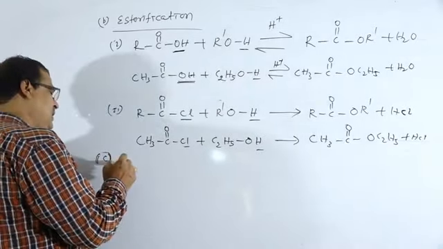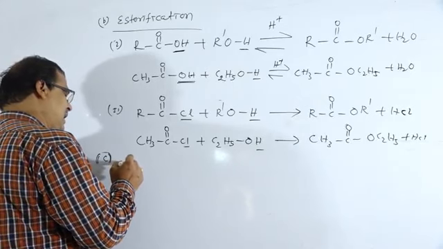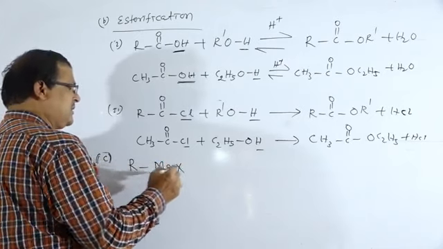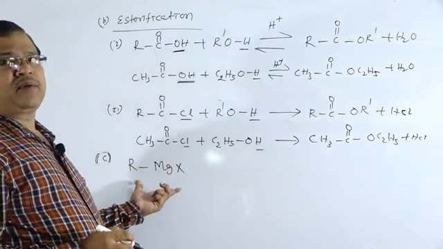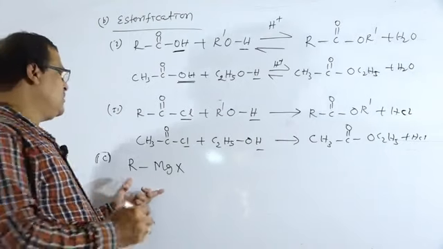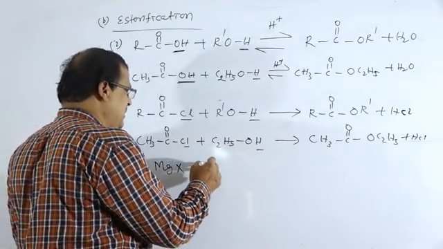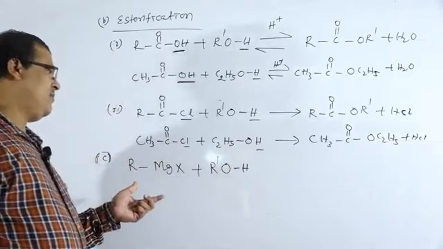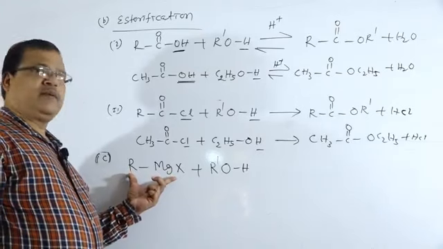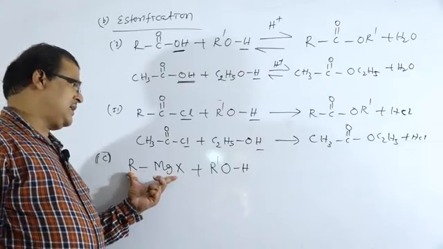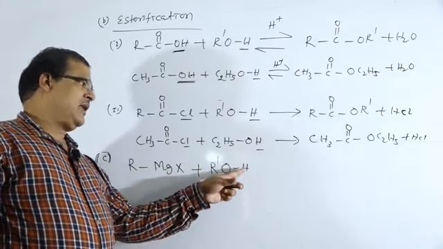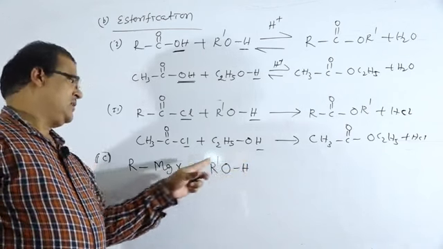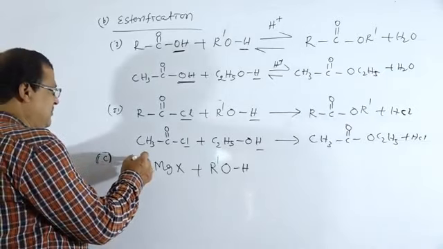For example, alcohols treated with Grignard's reagent, RMgX, which is the formula for Grignard's reagent. Grignard's reagent is treated with R'OH, that is an alcohol containing active hydrogen, so this bond will break.